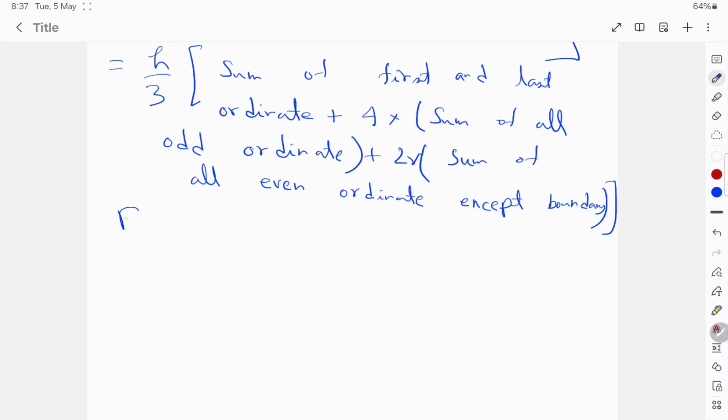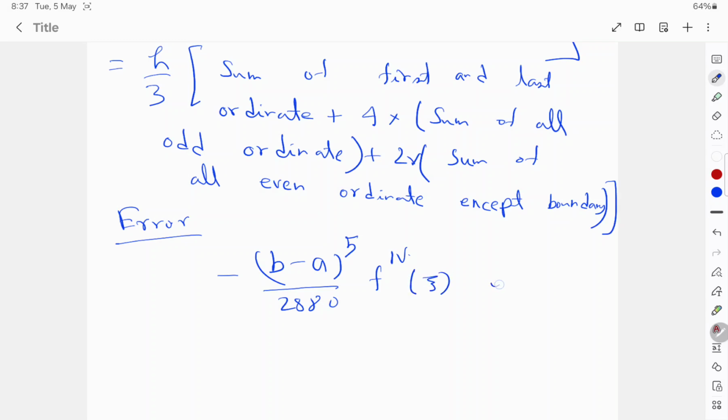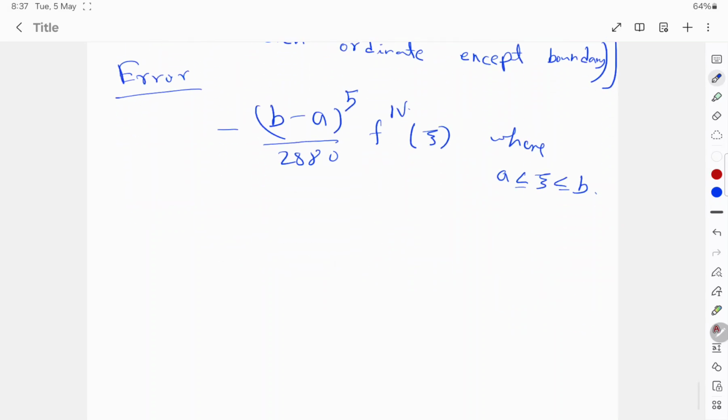And the overall error will be minus (b minus a) to the power 5 by 2880 times f''''(xi), where xi lies between a and b.